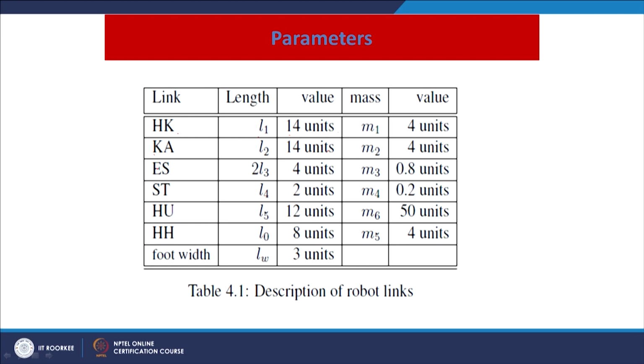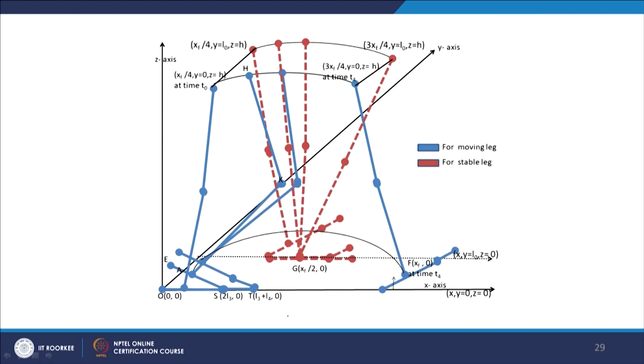So, in this table ES is 2L3 and ST is L4, HU is L5, etc. The data is given in this particular table. We observe here that the heel to the sole joint is 2L3 and the ankle is fixed in the middle of ES.